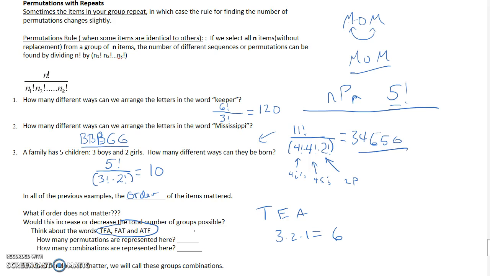So there are 6 different permutations. But if I was going to look at how many combinations, if we say how many ways can I have a T, an E, and an A, there's only 1 combination here. Again, this is not a great example in terms of a permutation versus a combination, but I'd like you to stick around, check out the next video, and we're going to dive more into when is something a permutation and when is something a combination.